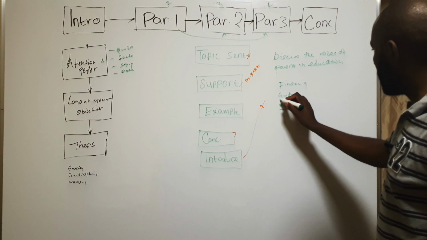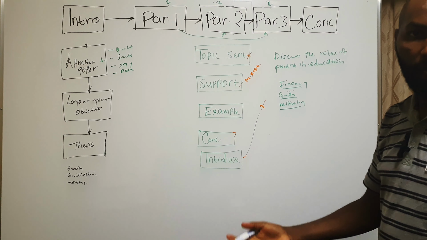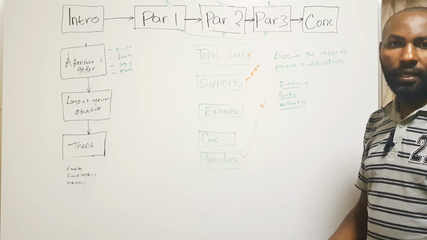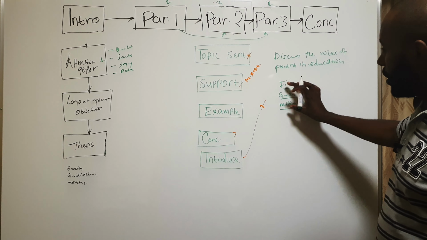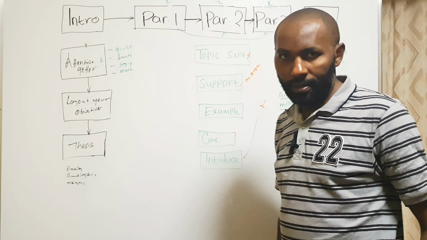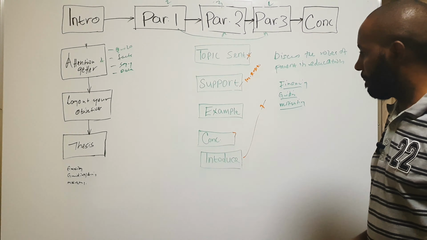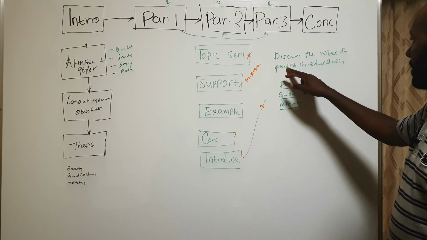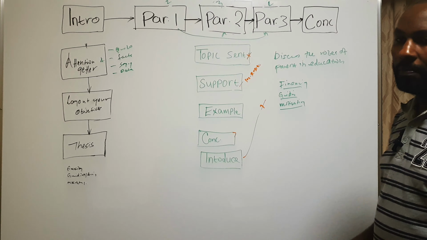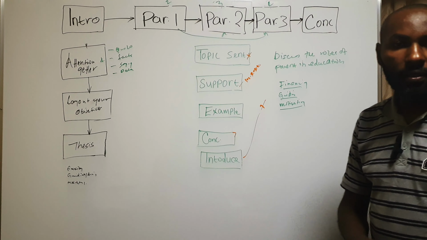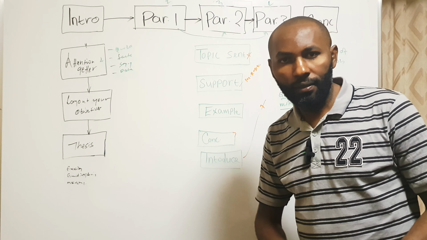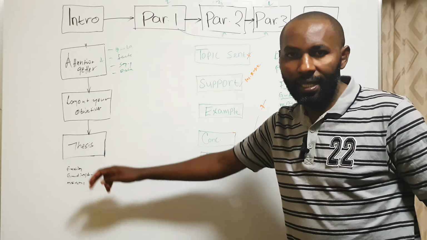So these are the roles that any guardian would play towards the education of their children. Now, from these roles, you are going to create a thesis statement. And you could say, parents or guardians participate in education by financing, guiding, and motivating. That will be a complete thesis statement.